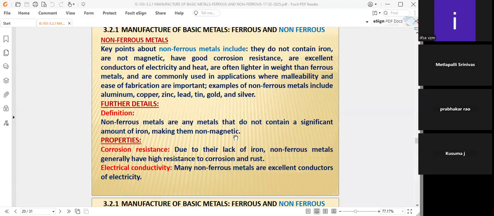This is one of the definitions, which clearly says that because it does not contain iron, it becomes non-magnetic. The magnetic property is not there for non-ferrous materials.